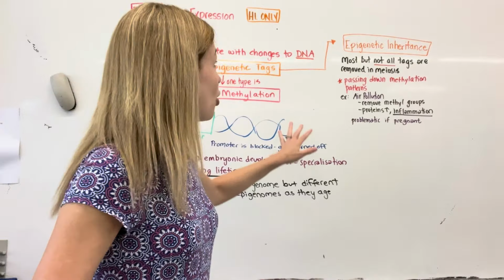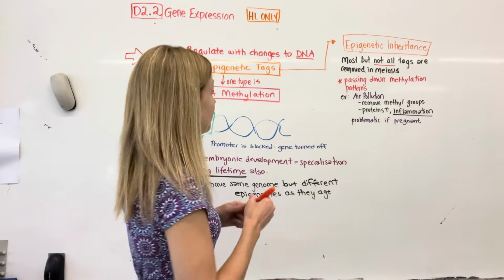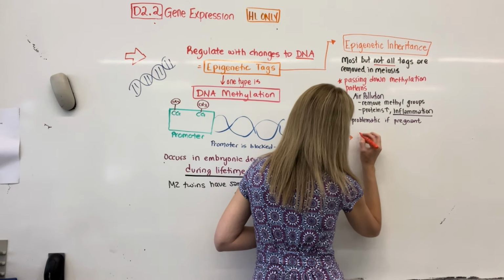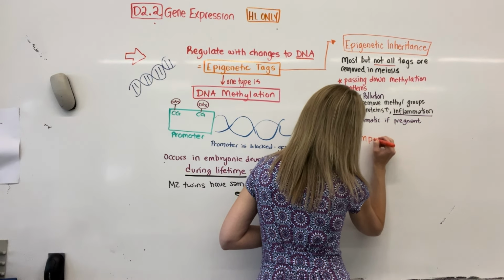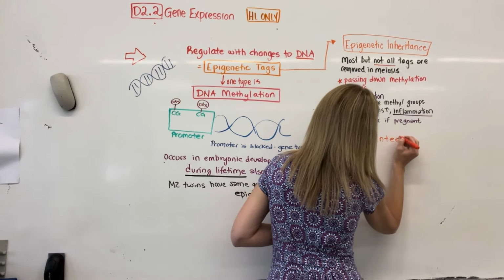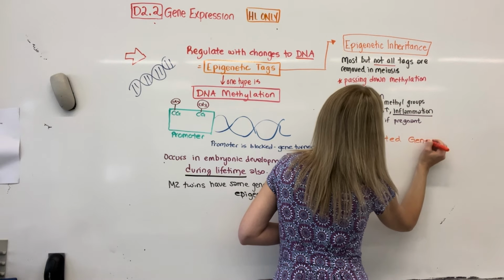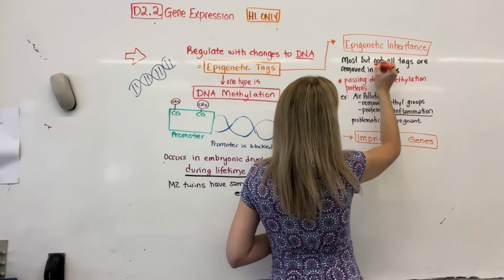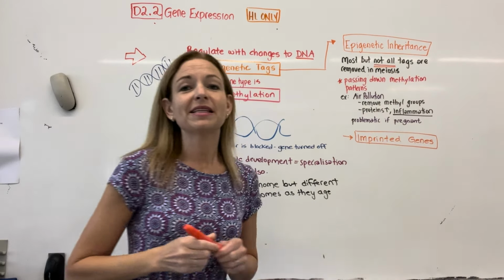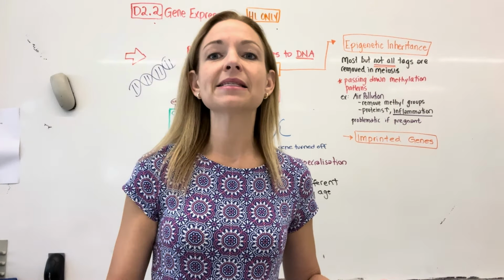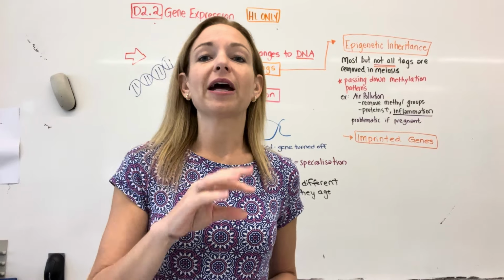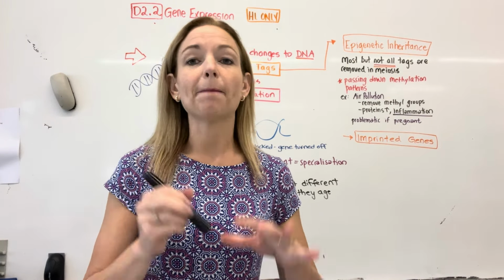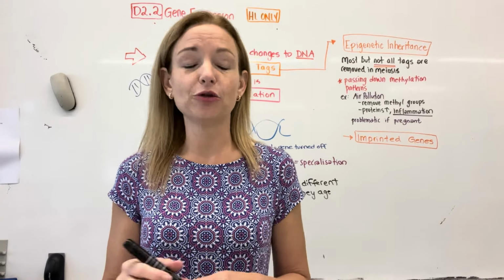The next thing that also relates to epigenetic inheritance and tags is this idea of imprinted genes. So essentially in some cases, the pattern of kind of restoring epigenetic tags differs between males and females, or between the two gametes.